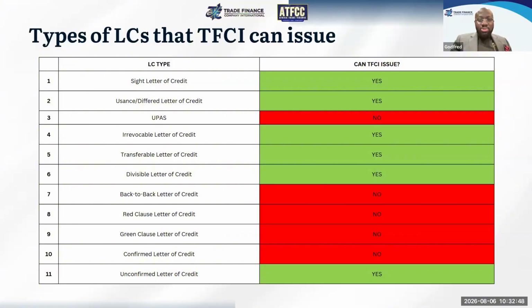So sight we do, usance we don't do, UPAS we don't do, back to back we don't do, red clause we don't do, green clause we don't do, confirmed we don't do. But any other one we do. So this will guide you. Okay, next slide.